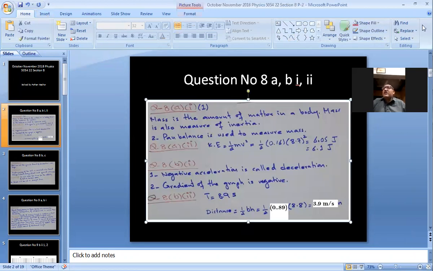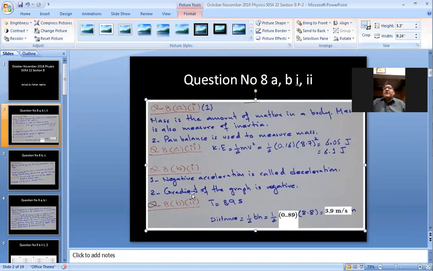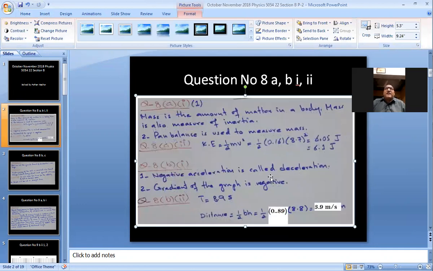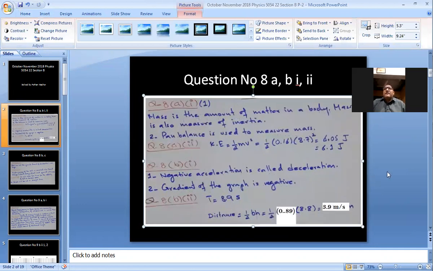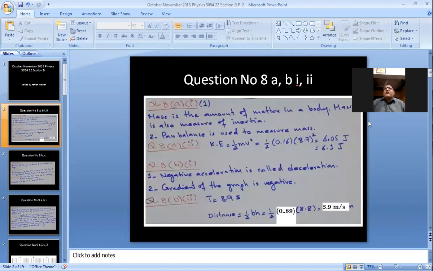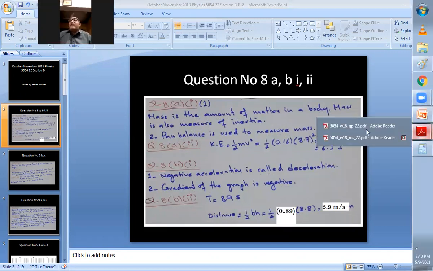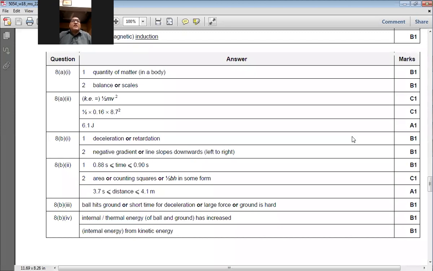You see, even we make mistakes. Sometimes we write some decimal, some number mistake can happen. So now we will check it again. Our answer now is 3.9. That's why it's very important to check the marking scheme. Yeah, now it's in the range of that answer.